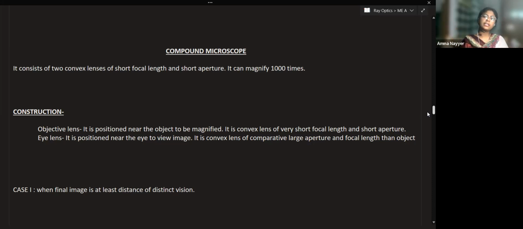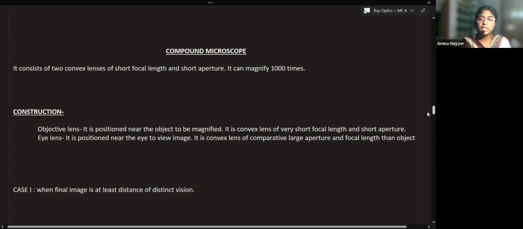It can magnify 1,000 times. Construction involves one objective lens, positioned near the object to be magnified. It is a convex lens of very short focal length and short aperture. While the eye lens is positioned near the eye to view the image. It is a convex lens of comparatively large focal length and larger aperture.